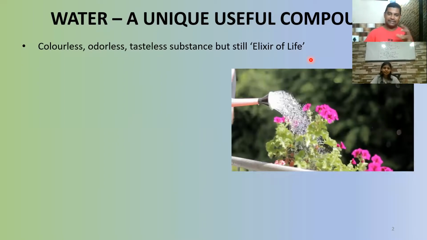So you know that in a living cell, there is something called cytoplasm, which mainly contains water. So ultimately, water, that is H2O, is colorless, no color. It is odorless, no odor. Tasteless. But imagine such a substance is the one which is sustaining life.